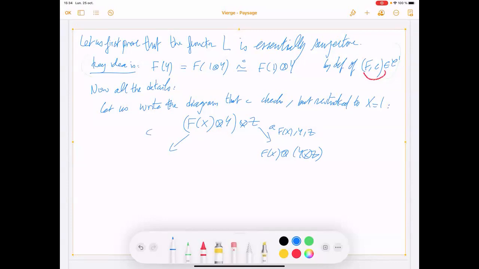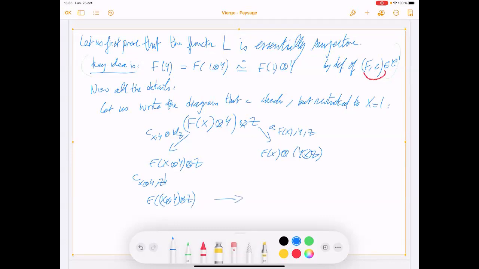So C of x, y, tensor identity of z. So f of x tensor y, tensor z. And again, C of x tensor y, z. And you get f of x tensor y tensor z.